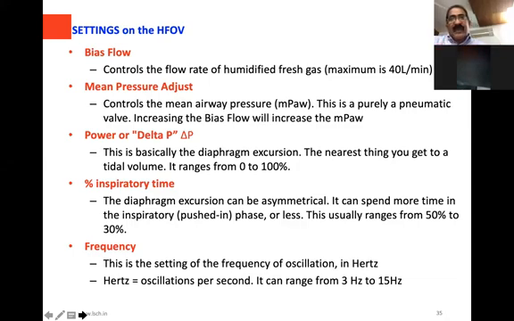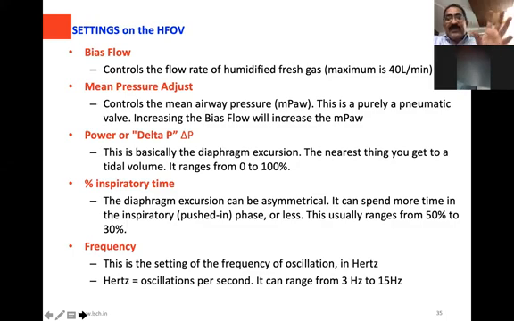So many a time they ask, sir, what are the usual pressures that you keep your child on when you get this child on the oscillator? See, it is very, very different. What pressures you use depends on the child. It depends on the baby. And it depends on the machine you are using.